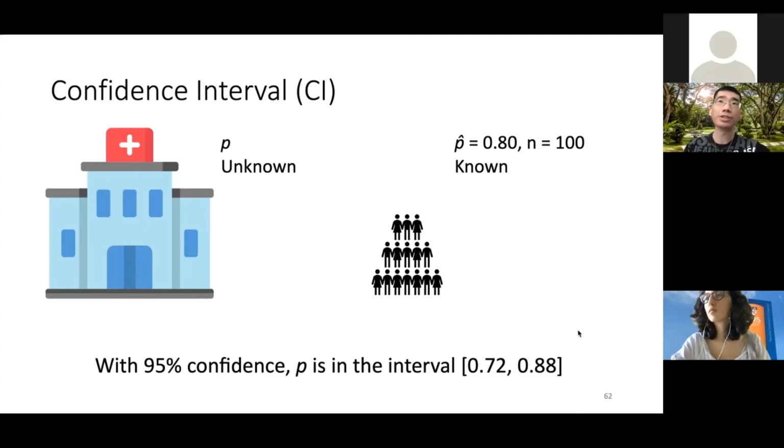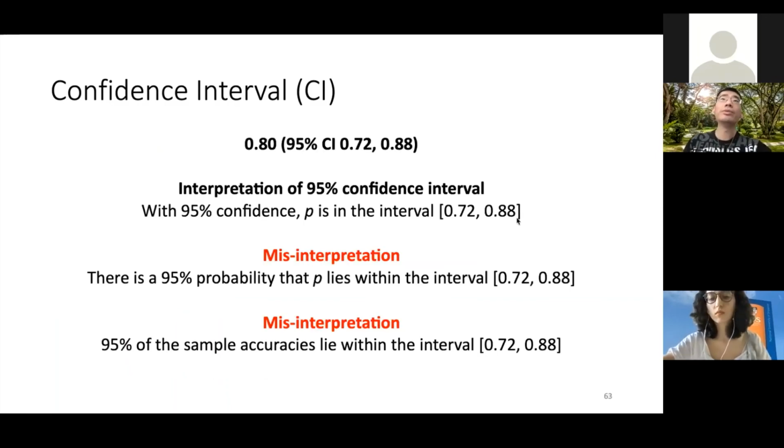And the calculation of these confidence intervals is simply beyond the scope of this workshop, but it is important to understand the interpretation, okay? So when we report the accuracy of a model on the sample, we report it with the mean and the confidence interval. And the 95% confidence interval here allows us to say that with 95% confidence, p is in the interval 0.72 and 0.88. And what we have not seen is what it means to be 95% confident.